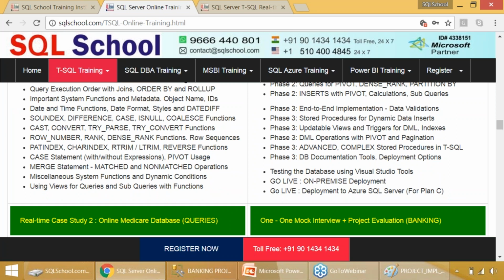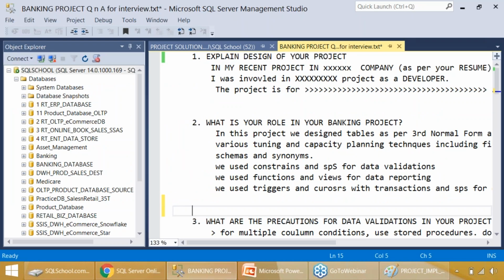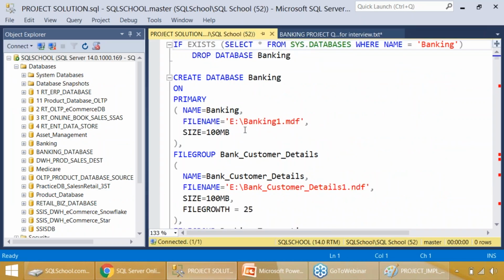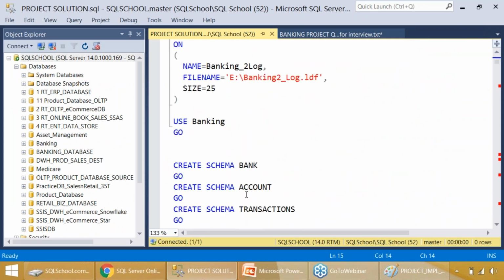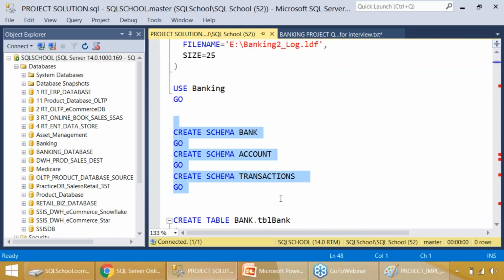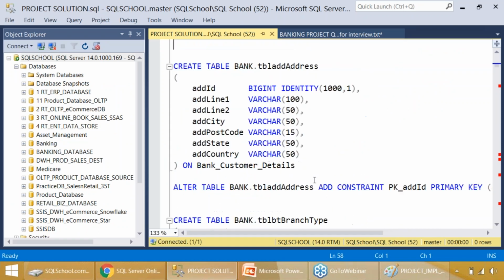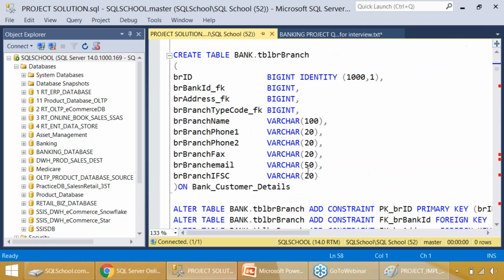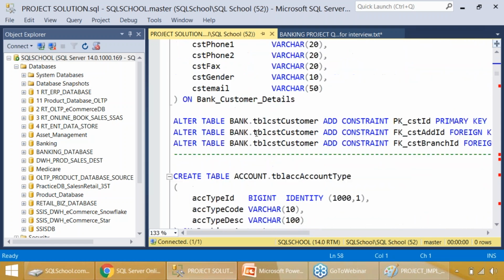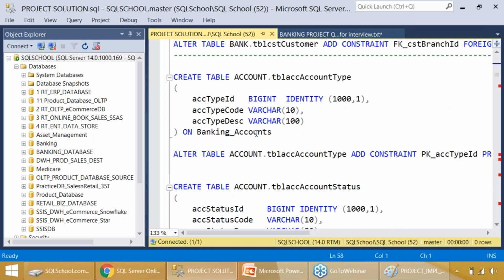And the project work would be in this way: right from the start, the design of the database, creating schemas and relations, and the activities with respect to data type selection.